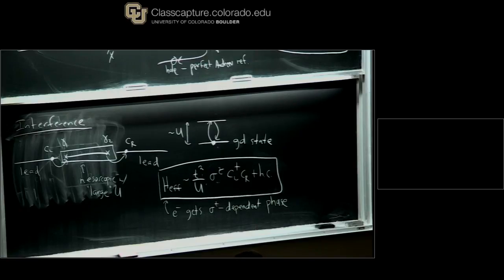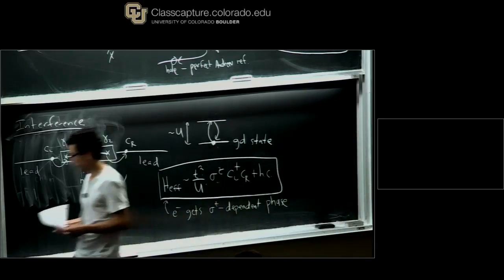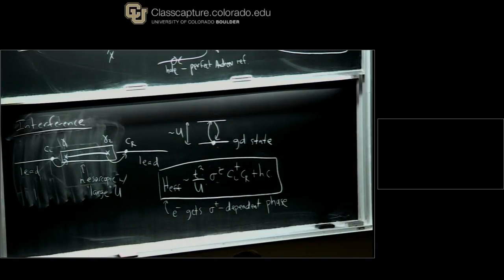Okay, how do you measure phases in quantum mechanics? Interference, exactly. Interference is the way to do it. I don't have an interferometer in what I've drawn so far, but I can easily make it into an interferometer by adding a reference arm.